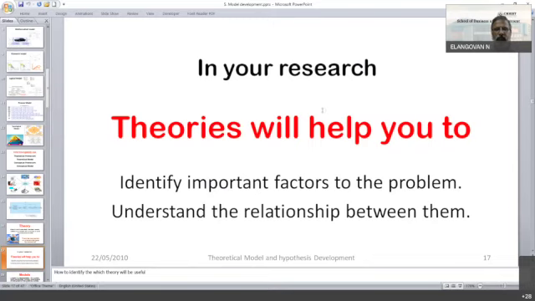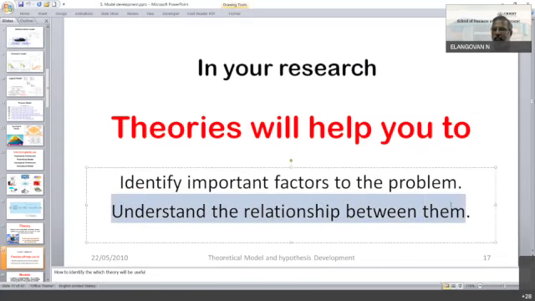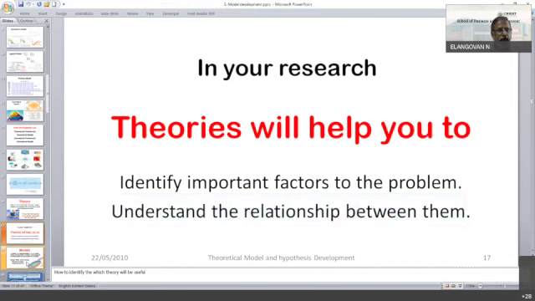Theories help you identify important factors related to the problem. You have a problem, and what are the factors related to that problem? Those factors can be brought out from theories. Second, it helps you understand the relationship between those factors. All these things come out of a theory. What is a model?